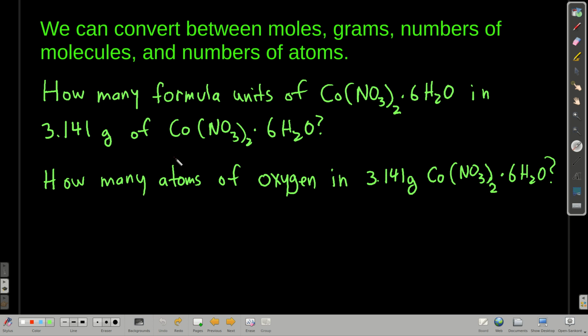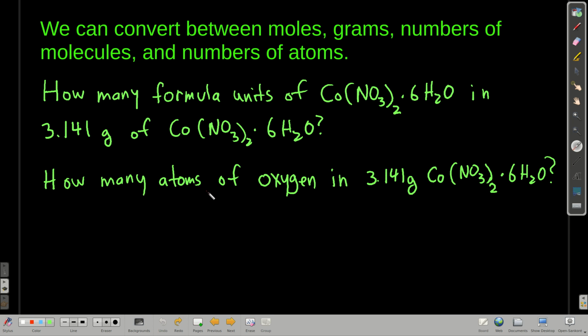So I'm thinking we can take this mass right here, use the molar mass of cobalt-2 nitrate hexahydrate that we just calculated, and convert it to moles of this. Once we know how many moles we have, we can find out how many formula units. Formula units is just like molecules except for ionic compounds. So how many molecules basically of this we have by using Avogadro's number, 6.022 times 10 to the 23rd.